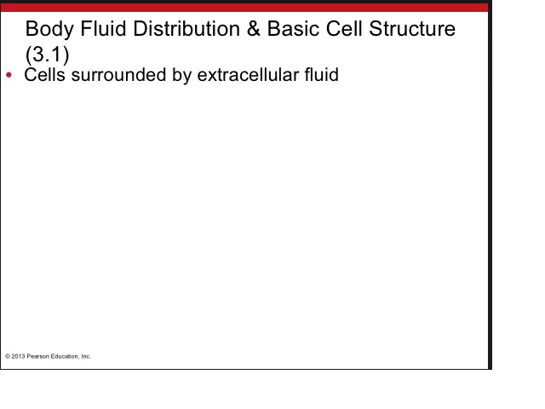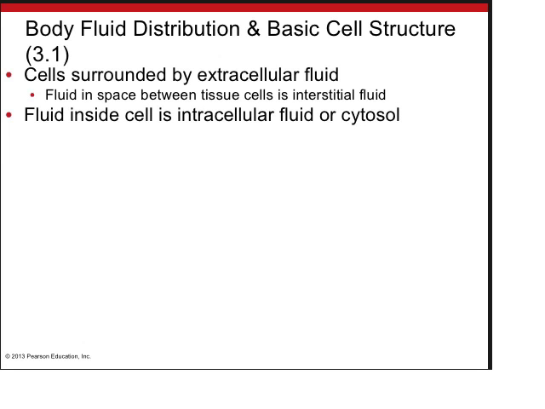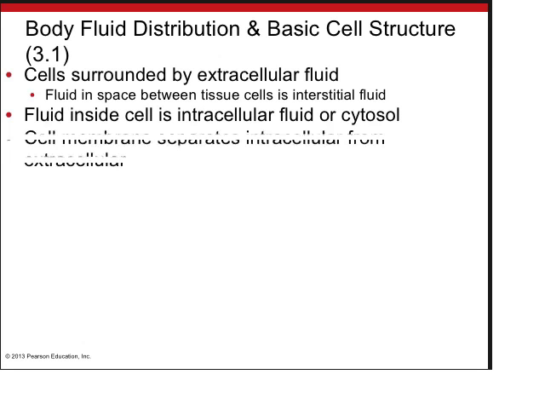Cells are surrounded by an extracellular environment. Sometimes it's a fluid, sometimes it's a semi-solid matrix. Okay? Fluid between the tissue cells is called interstitial fluid. The fluid inside the cell is called the cytosol, and the components of the cell are held together by the cell membrane.